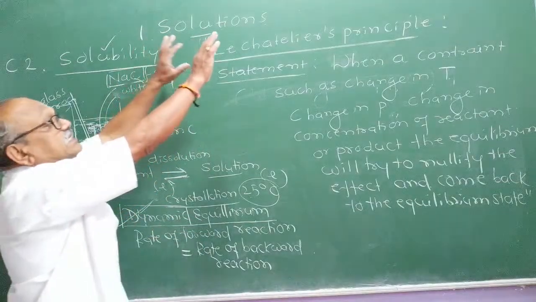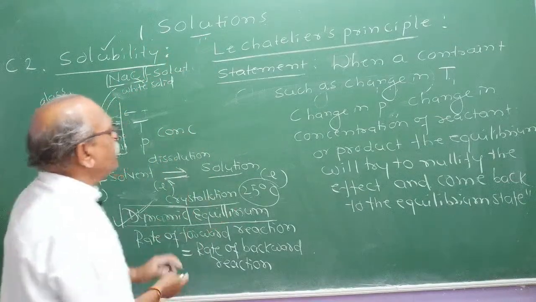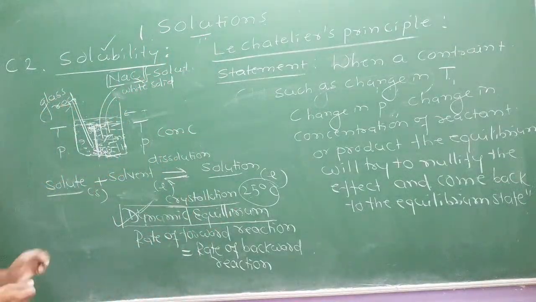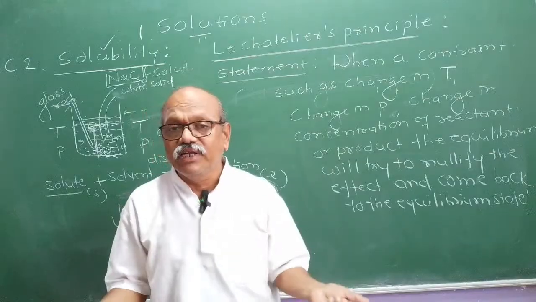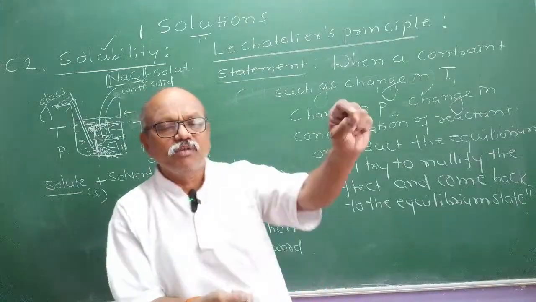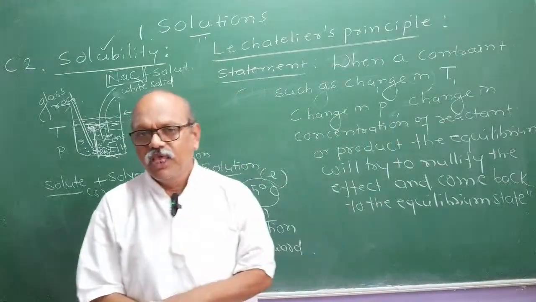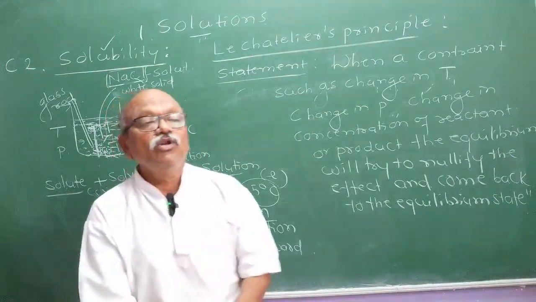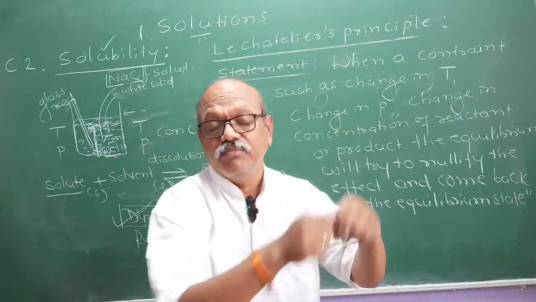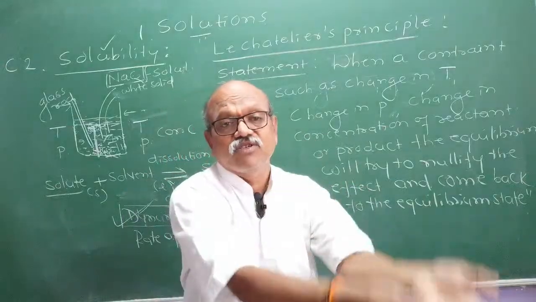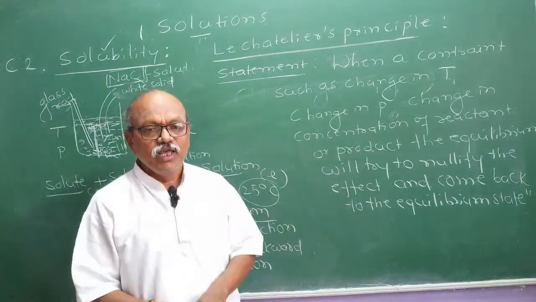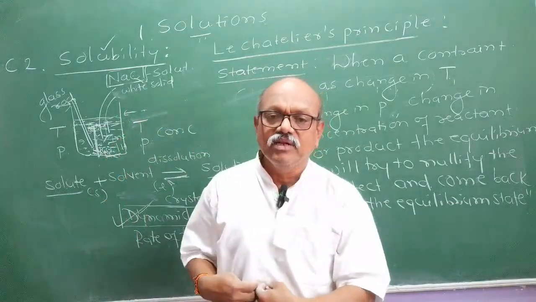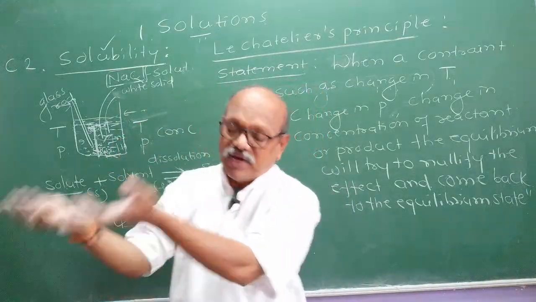And what Le Chatelier said is that whenever you disturb it, it is like whenever you get a problem, what do you generally do in your daily life? You meet some other person to solve that problem. If you find a problem in mathematics, you go and meet the mathematics teacher and get it solved. Again, you come to the normal, non-stressful stage. If you have any ill health, you go to the doctor and balance it again.